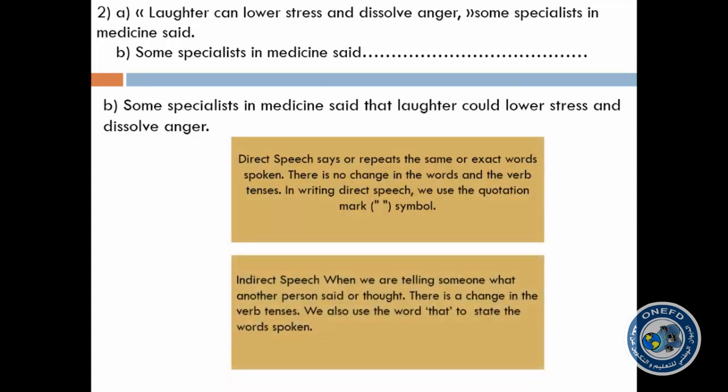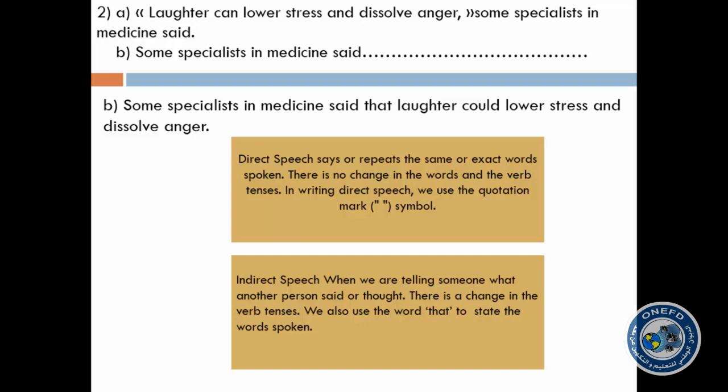Okay, so let's do a little recap of the direct speech and the indirect speech. Direct speech repeats the exact words spoken. There is no change in the words and the verb tenses. In writing direct speech, we use the quotation marks. In reported speech, we use it when we are telling someone what another person said or thought, and there is a change in the verb tenses.